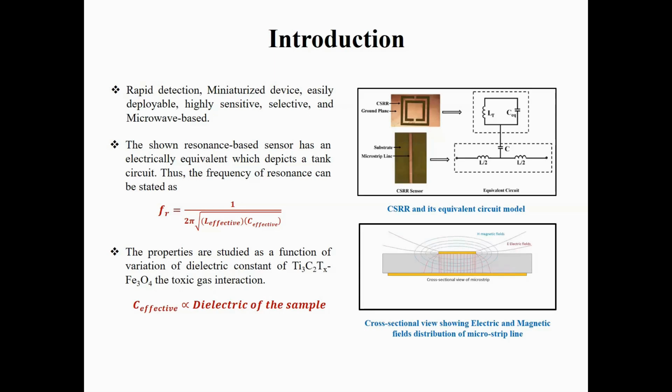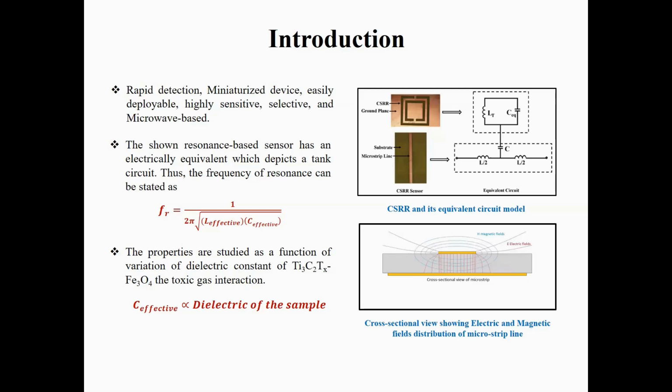In a similar way, the microstrip line adds an equivalent capacitance. So this total circuit is an LC circuit, and its resonant frequency is given by f_r equal to 1 by 2 pi under root of L effective C effective.